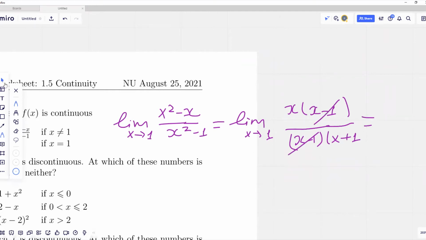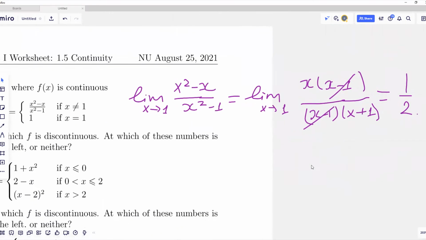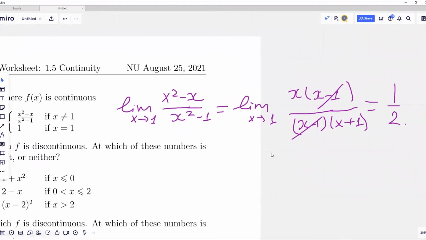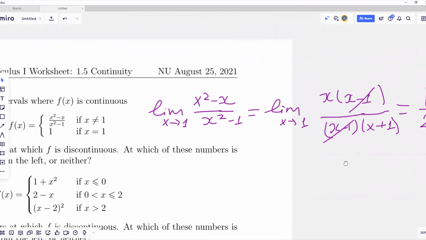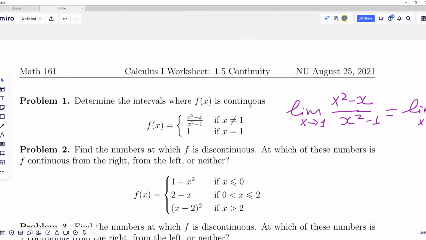So that limit is equal to 1 over 2 then. So this two-sided limit is not equal to the value of function at point 1, meaning that our function is not continuous at point x is equal to 1.